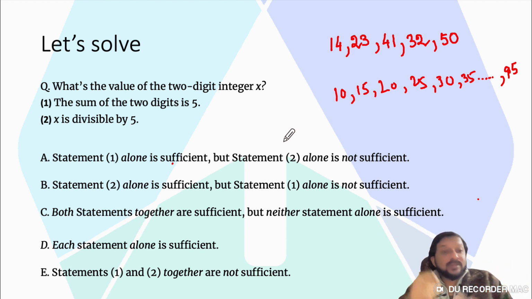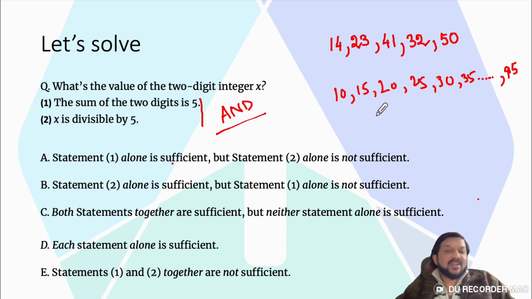Now, when we take both these statements together, that means the sum of the two digits should be equal to 5 and x is also divisible by 5. And the clear-cut thing here is "and". That means both these statements are to be true simultaneously.